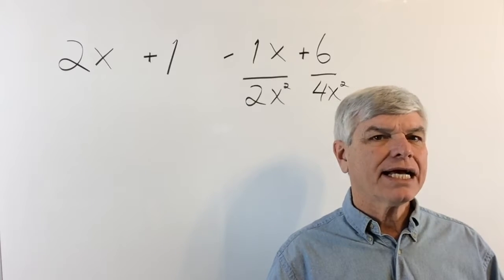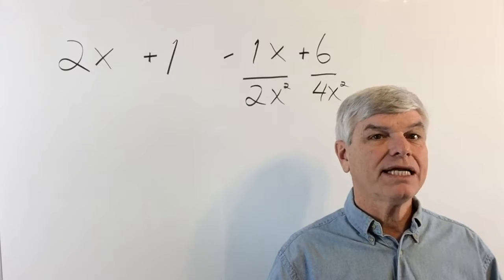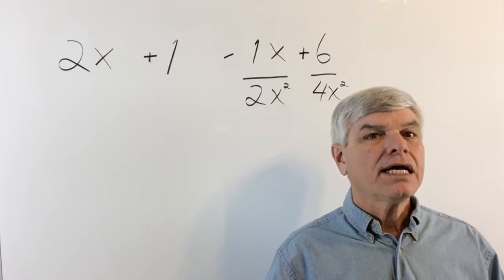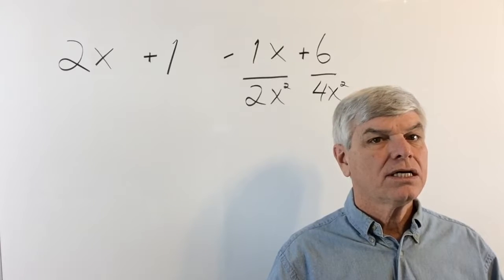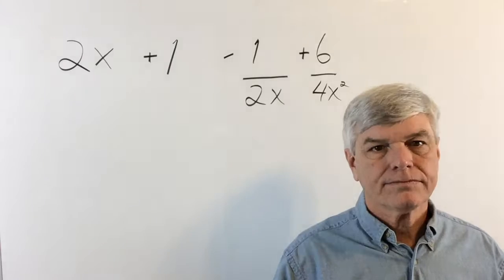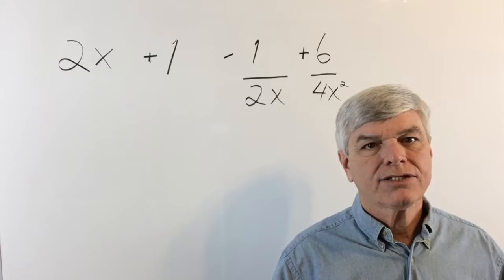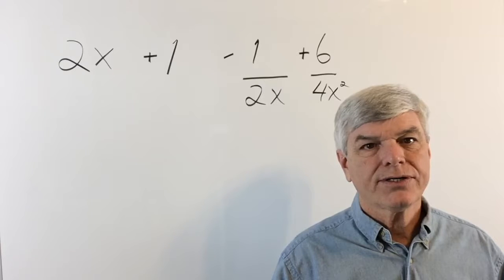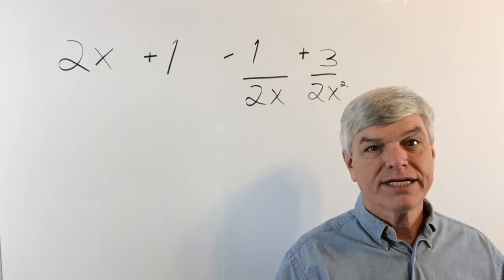That means that x on top is going to disappear, so I don't want a 0 on top. I'm going to need that 1 on top. And the x squared down below is going to become just a regular x. And 6 over 4 is going to be 3 over 2. And that is what that is going to look like when we're finished.